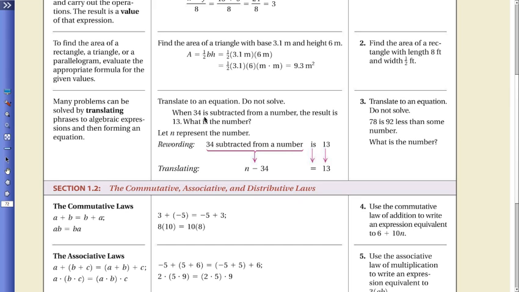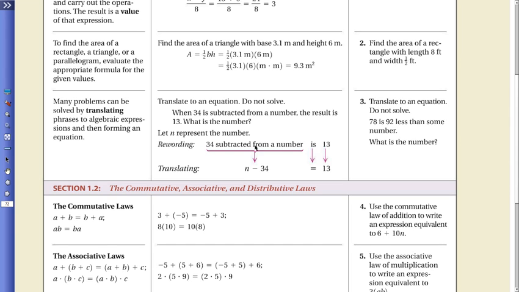So when it says, "When 34 is subtracted from a number, the result is 13, what is the number?", they translate this to 34 subtracted from a number. That's probably why they use n, because they got this word "number." But you could use x and so on. A lot of times I'll go back and reread it with the variable in there. It helps write it sometimes. 34 is subtracted from n.